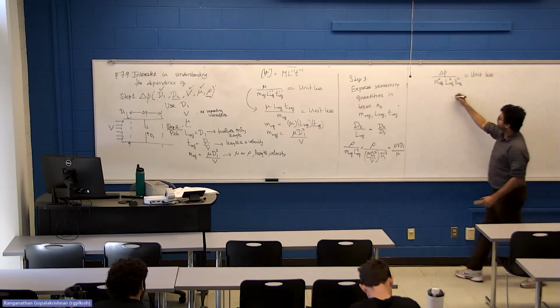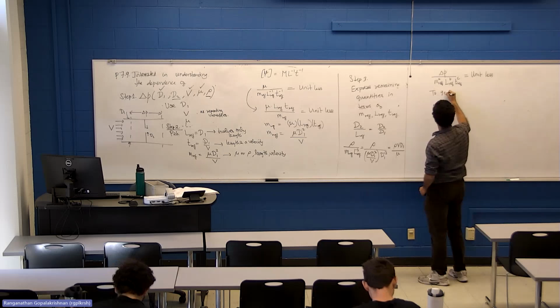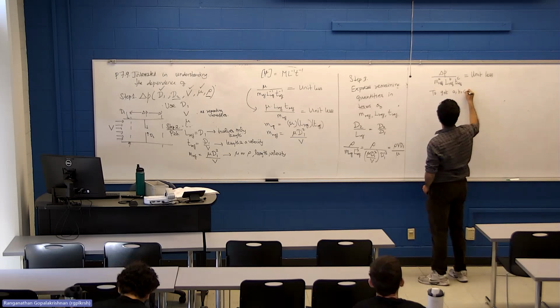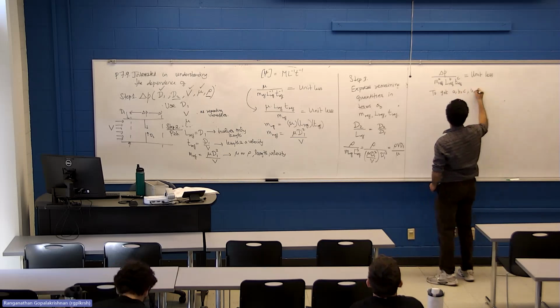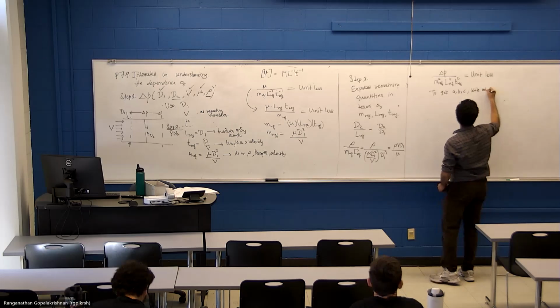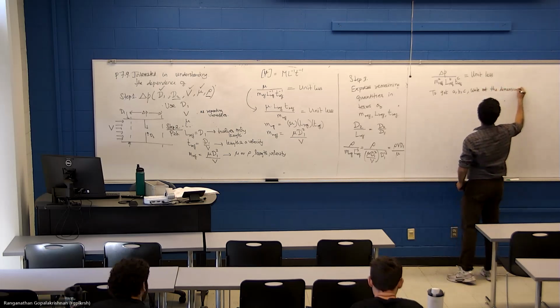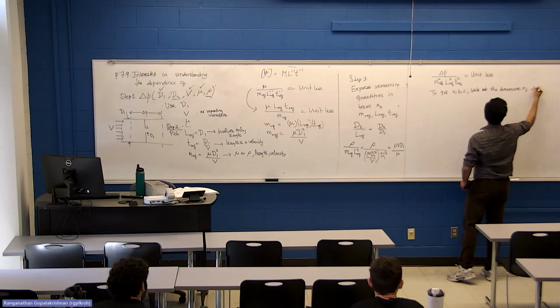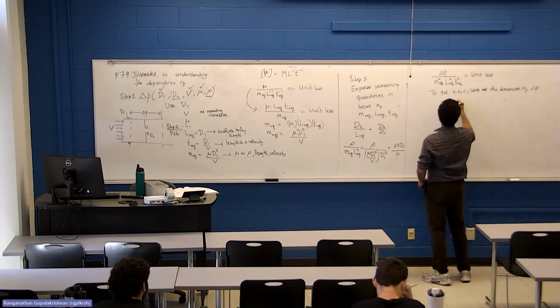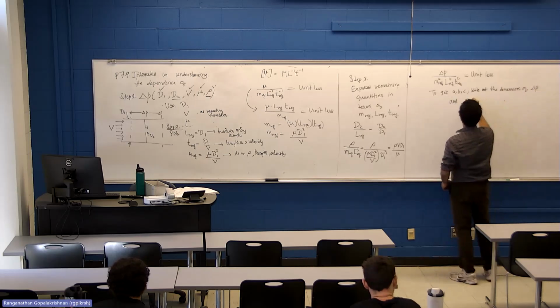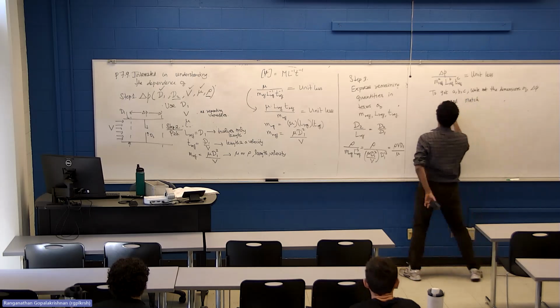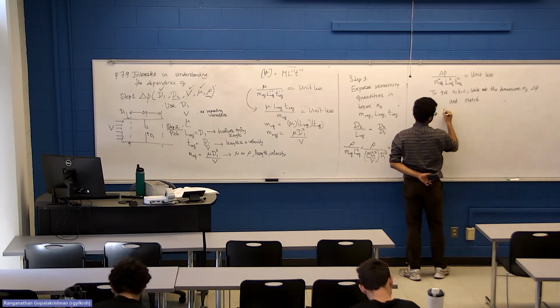So to get A, B, and C, write out the dimensions of delta P and match.